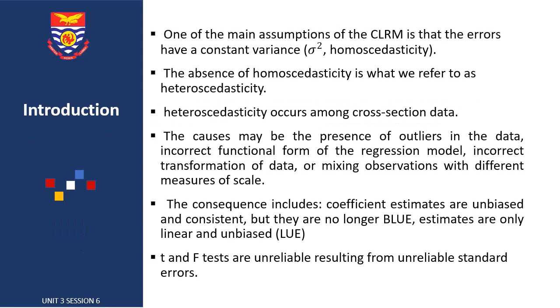It is imperative to understand that one of the main assumptions of the classical linear regression model is that the errors, or the error term, have a constant variance. So the variation in the error term within our model is constant. This is the term we discuss as homoscedasticity.